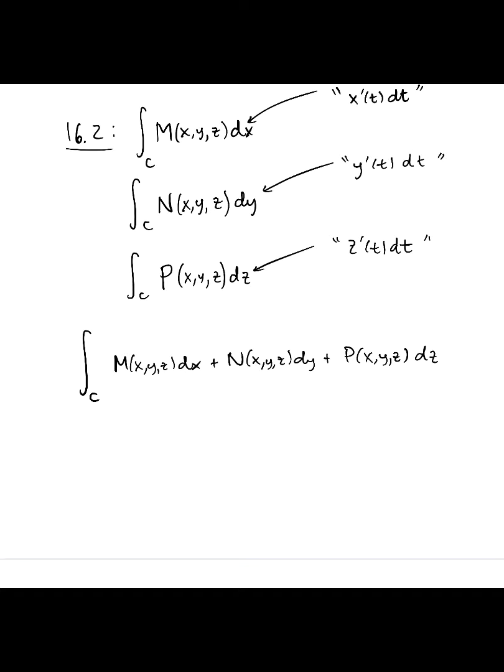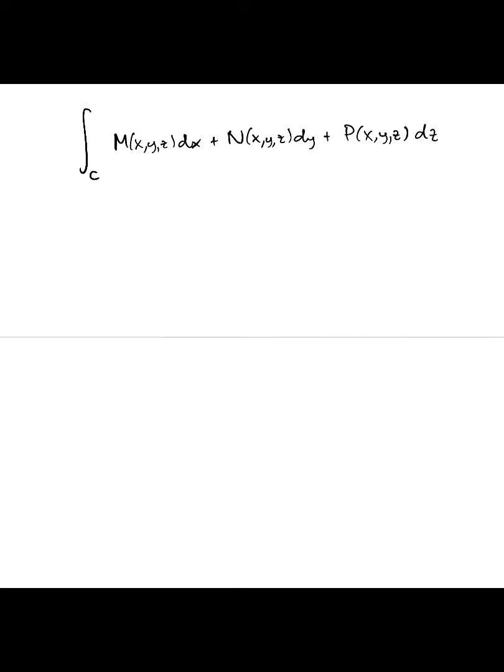And that just means three separate integrals. Do these three and add them together. It's just super shorthand for that idea. Anyway, if you see any line integrals ending in dx, dy, or dz instead of ds, you know what they mean. Okay, so that's thing number one. That's heads up number one.